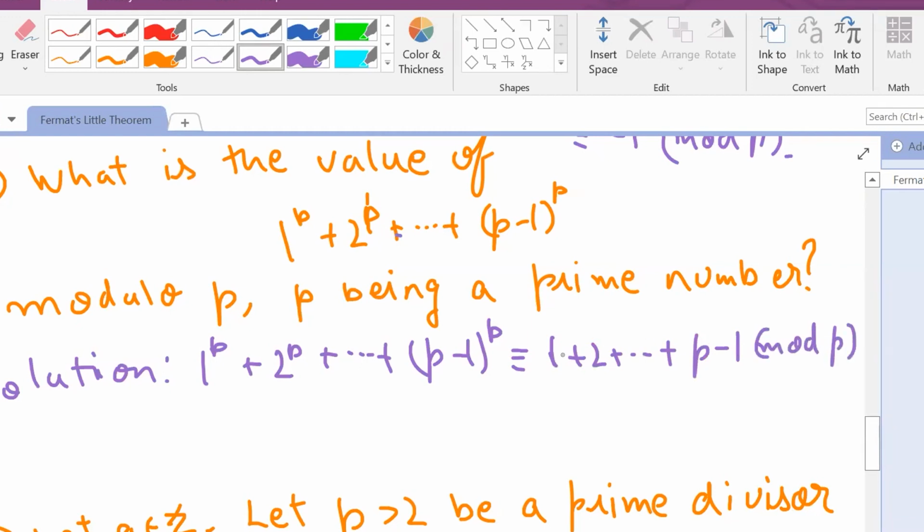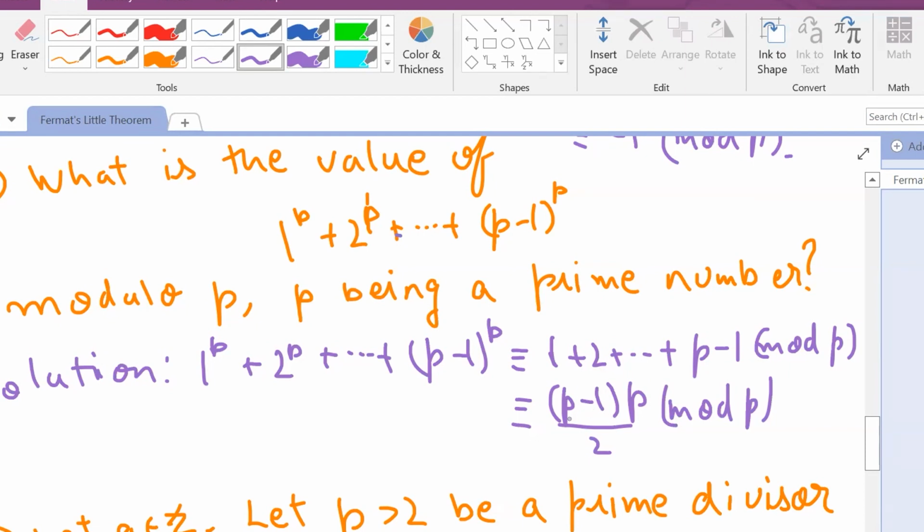Now, what does this sum evaluate to exactly? This entire summation? p times p minus 1 by 2. Wonderful. We use the formula for the sum of the first n natural numbers, one of the first things you prove by induction. It evaluates to this, right? Now, do you see why I stated that p is an odd prime?